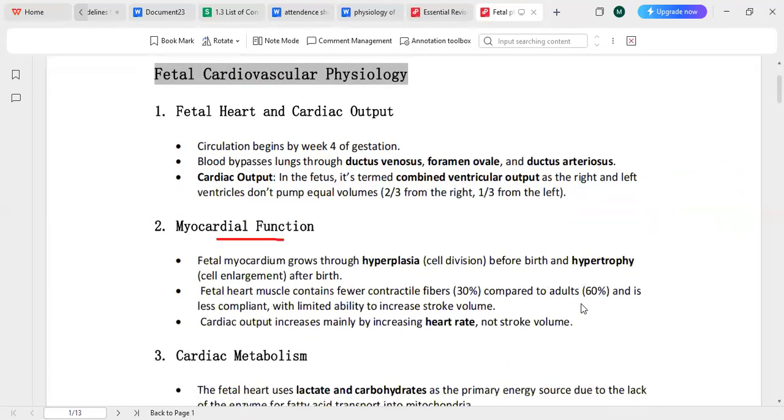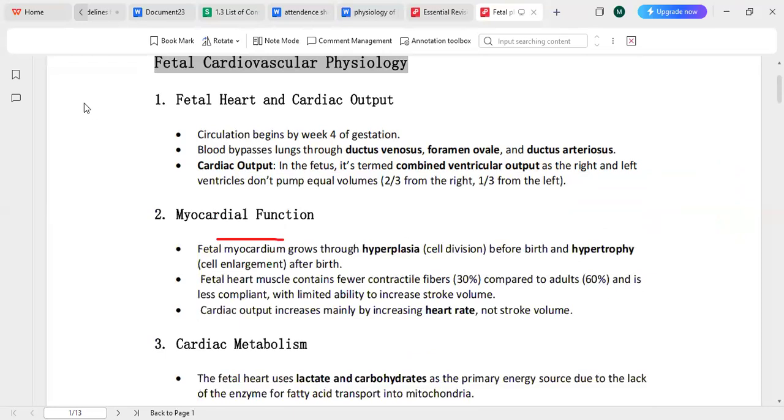Fetal cardiovascular physiology. Fetal heart and cardiac output. We need to understand what happens. The circulation begins at week 4 of gestation. It is very important to answer this question: which is the first system that is functional in a fetus or embryo?